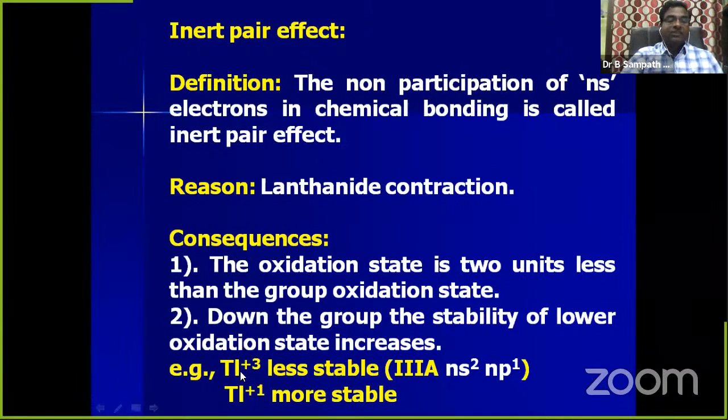Instead of +3, here +1 increases. If we see the group 3A elements boron, aluminum, gallium, indium, those with +3 are stable, but coming to thallium, +1 is more stable. This is because of lanthanide contraction.